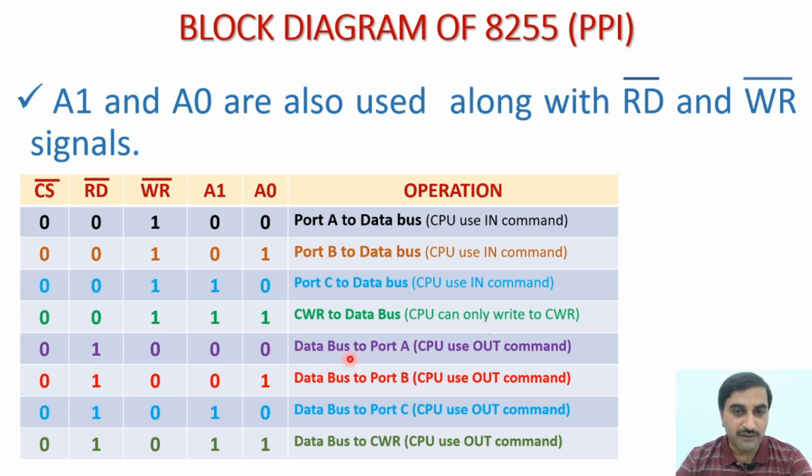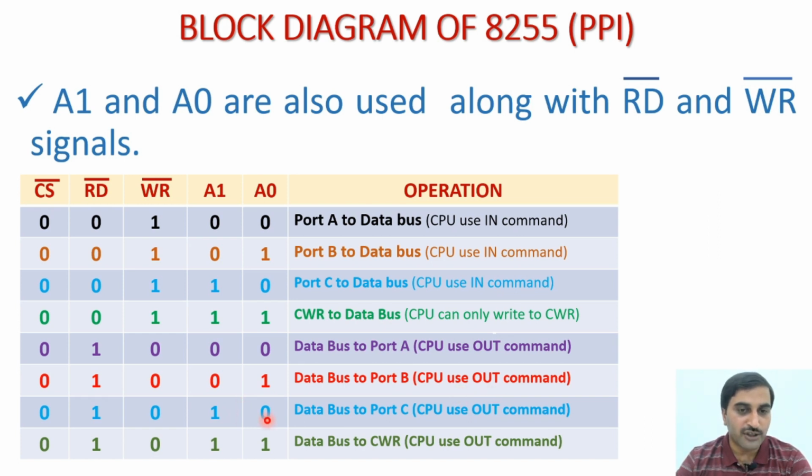That means data will travel from data bus to port A, and for this purpose CPU will use the OUT command. And in case of 01, when A1 and A0 are 01, then data bus to port B, means data will go to the port B through the data bus buffer from the microprocessor, and again in this case the OUT command will be utilized by the CPU.